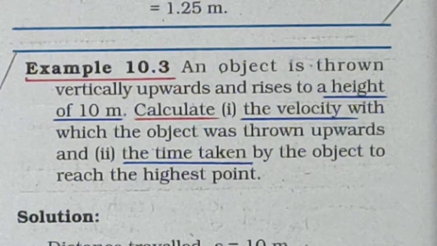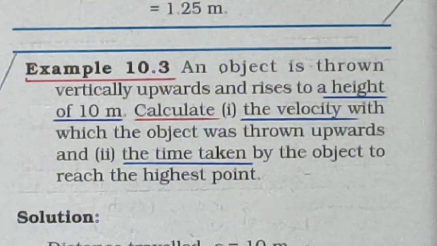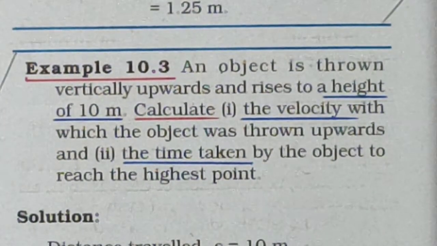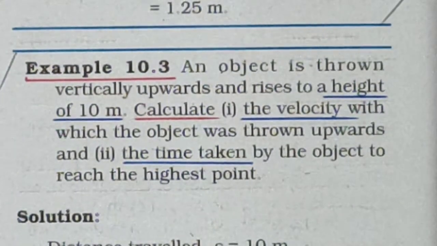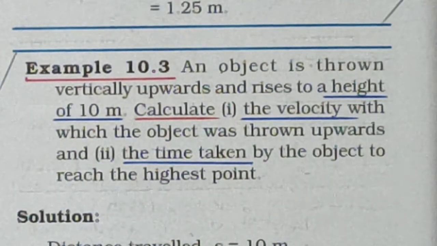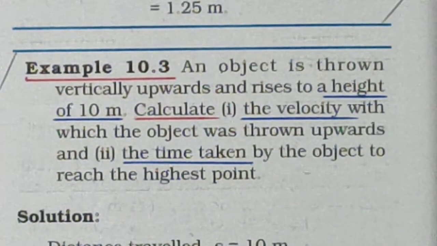The u is 0, g is given as 10 meters per second square, and time is 0.5 seconds. The average speed can be found out using the formula average speed is equal to u plus v divided by 2, where u is 0 and v we have found out in the previous step.